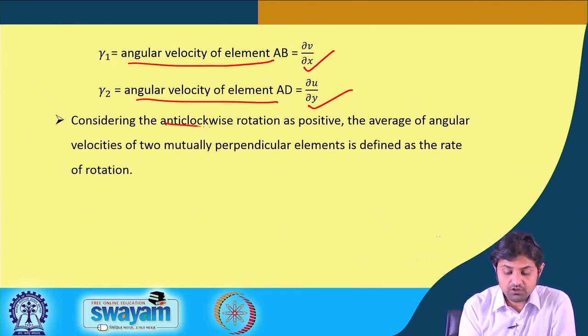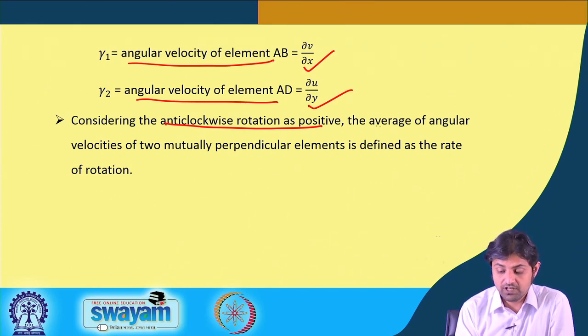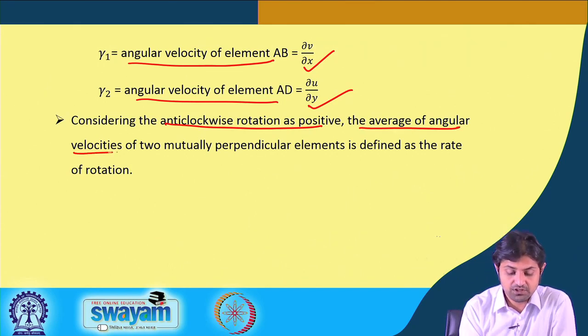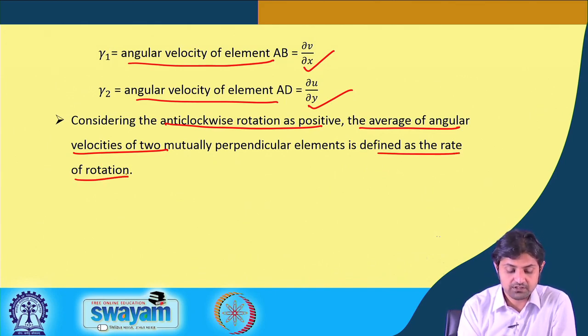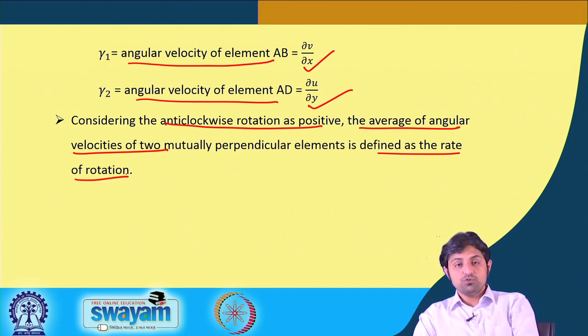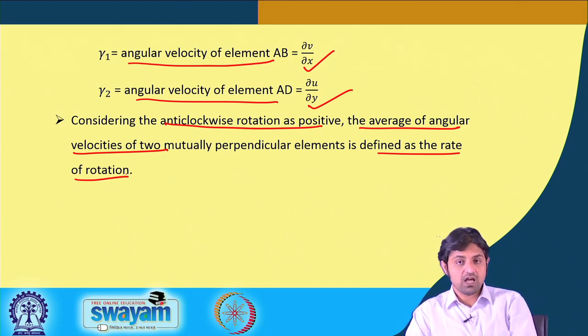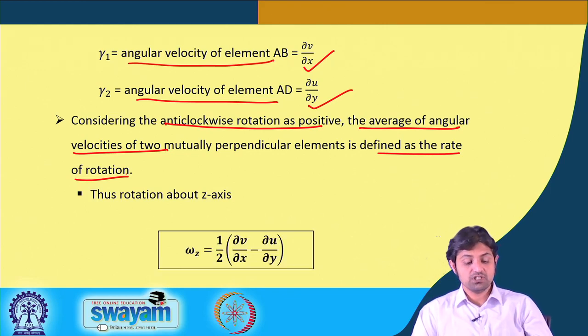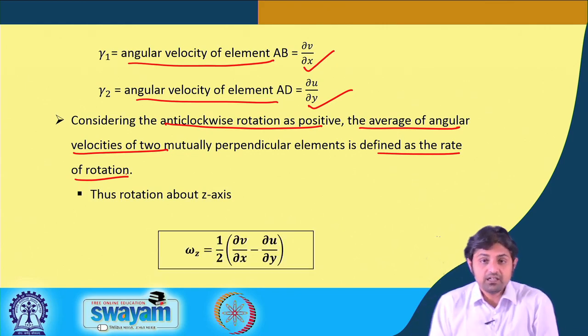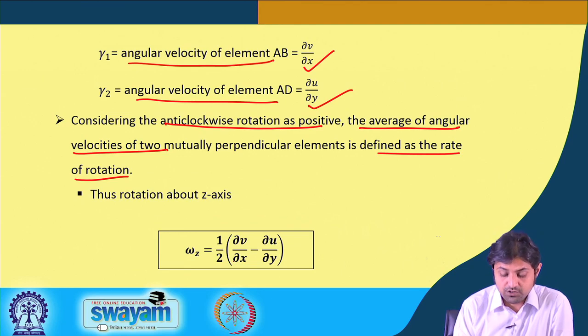Considering the anti-clockwise rotation as positive, the average of the angular velocities of the two mutually perpendicular elements is defined as the rate of rotation. We took this example to tell you what actually the rate of rotation is. Thus, the rotation about the z axis can be given as half into del v by del x minus del u by del y.